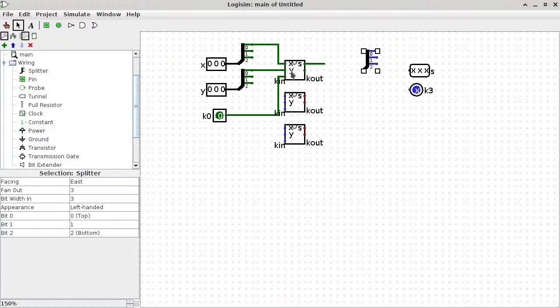This is X0, this is Y0. So which bit of the S row are we talking about? Bit 0, very good. All right, so let's go ahead and flip this thing around and do some connections. Okay, that should work out okay. So that one goes here. Great.